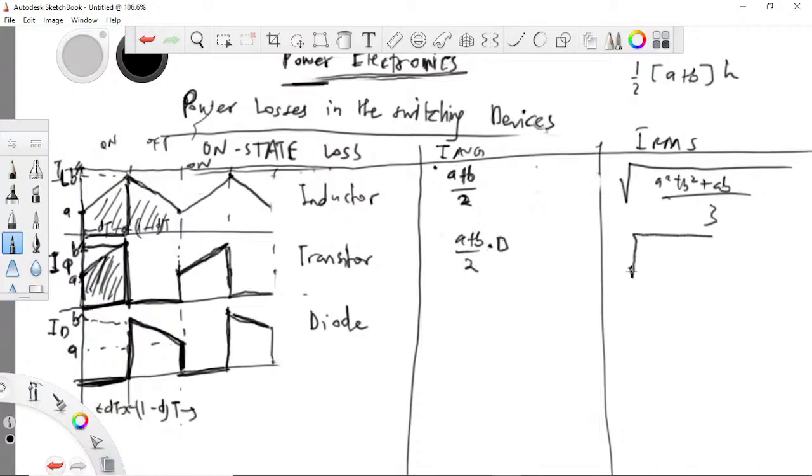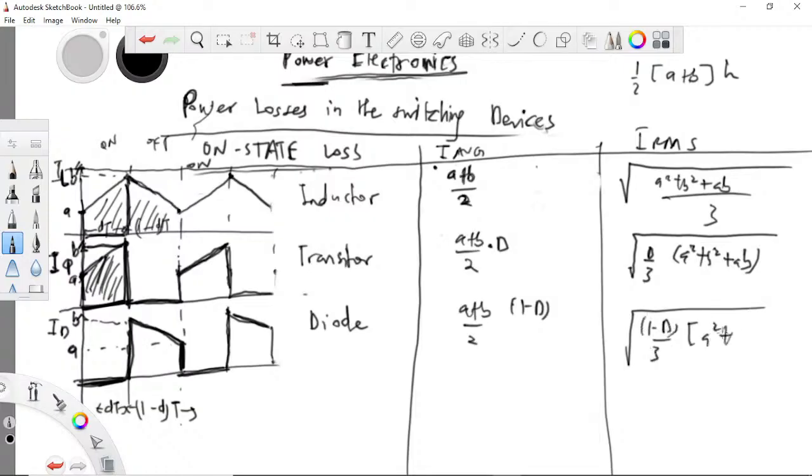So for the transistor the RMS is d over 3 times (A squared plus B squared plus AB). Then for the diode, it is on for the off state, so multiplying by (1 minus d): (1 minus d) over 3 times (A squared plus B squared plus AB).